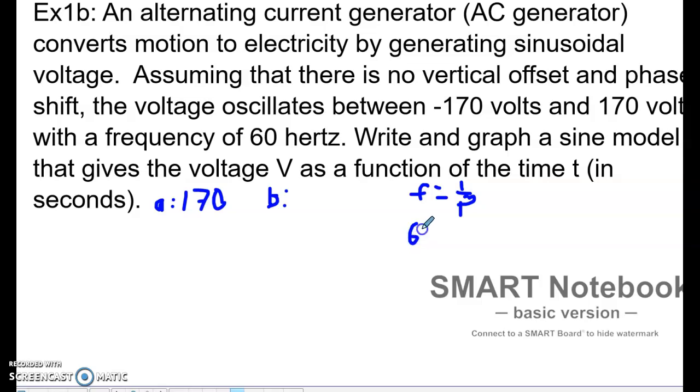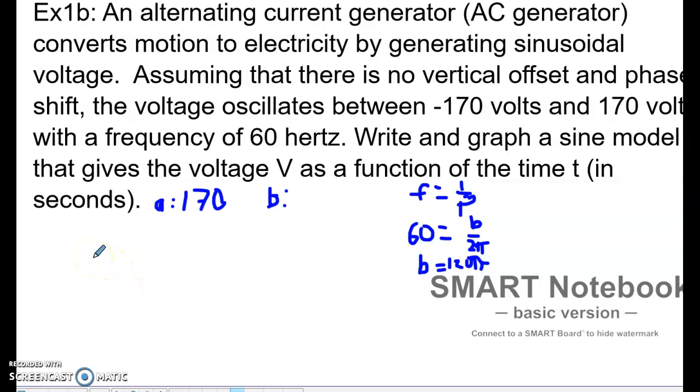So 60 is equal to, and 1 over the period is the inverse, B over 2 pi. So to find out what B is, I'm just going to multiply both sides by 2 pi. So I get B equals 120 pi. So that's what our B value is.